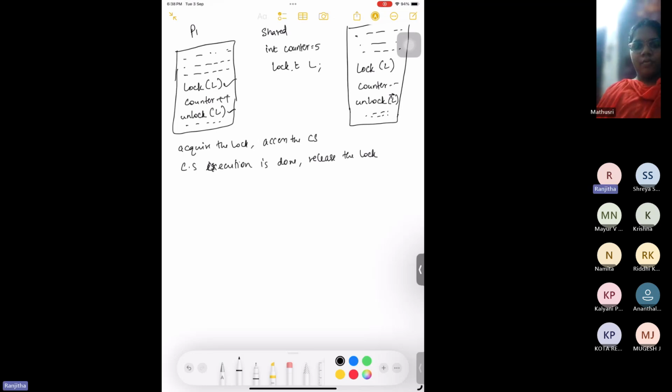So this is about the basic idea of a synchronization or locking mechanism. Why did we have to do this for counter++?